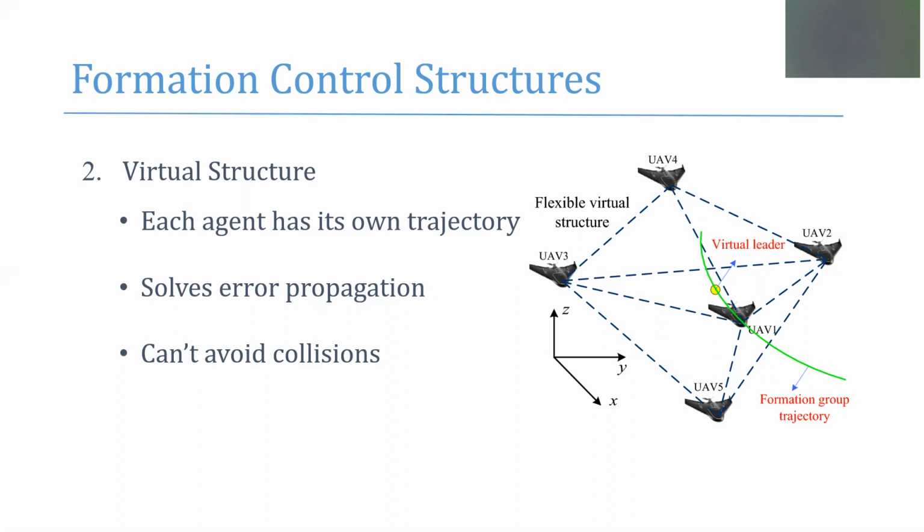Finally, one of the main drawbacks of the virtual leader structure is the increase of the computational and communication cost during the formation control, which accordingly reveals a problem in scalability. So when we increase the number of agents in the formation, we are going to increase the amount of computation, especially in the virtual leader. Okay, so this is the virtual structure.